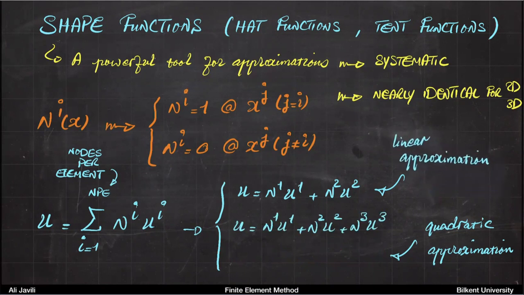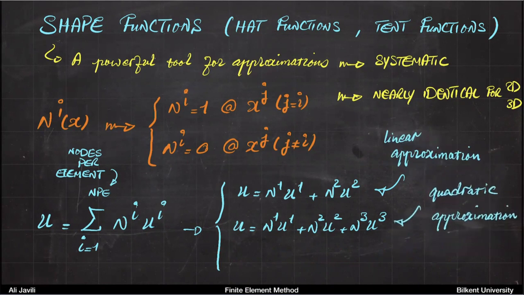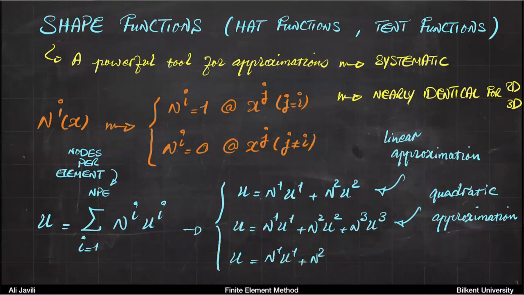So let me make space and show how a cubic one would work. A cubic approximation now would be u equals N1 u1 plus N2 u2 plus N3 u3 plus N4 u4. Okay, so that would be your cubic approximation.